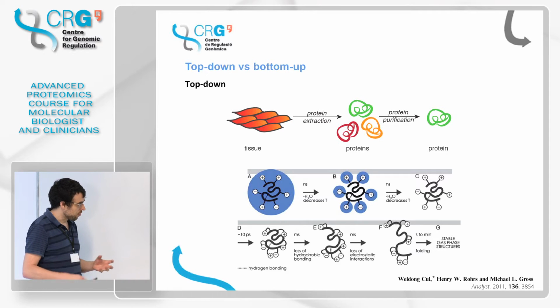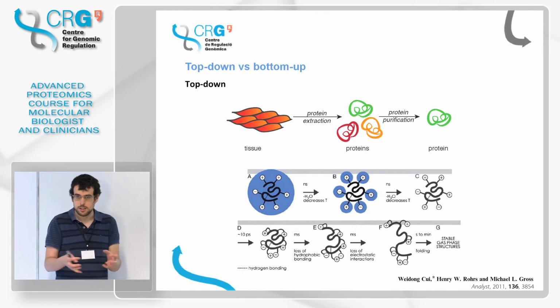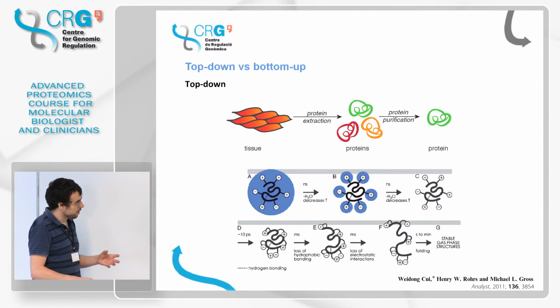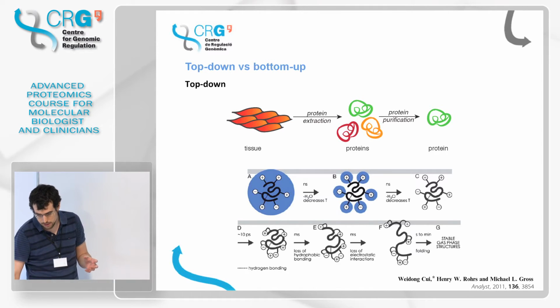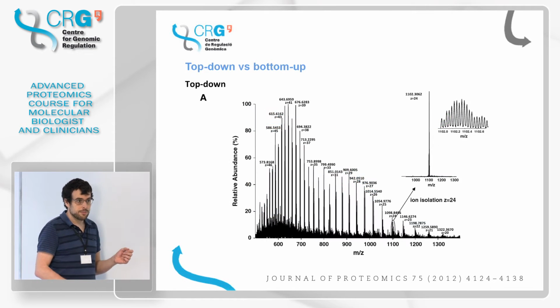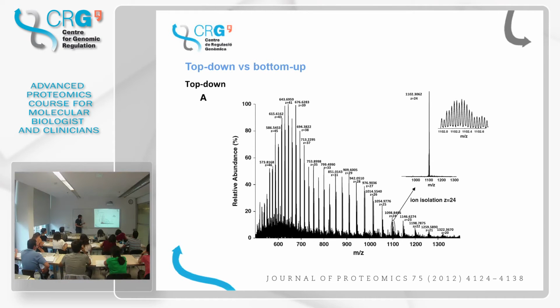The protein is restructured so that the charges are accommodated in a comfortable way, and this goes into the mass spectrometer. And this is the type of signal or mass spectrum that we get out of one single purified protein.